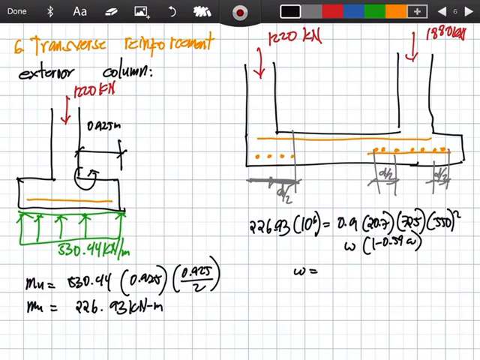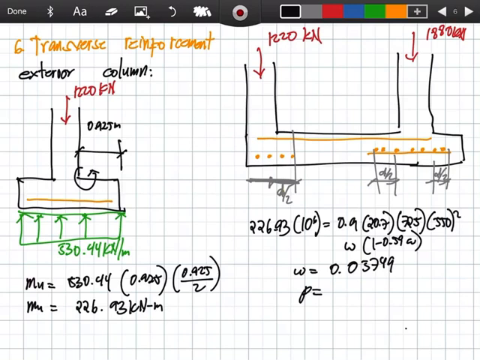So, on our calculator, sabayan niyo ko ha sa pagsasolve sa notebook. 0.9 times 20.7 times 725 times 550 squared. Ang ating omega ay 0.05749.